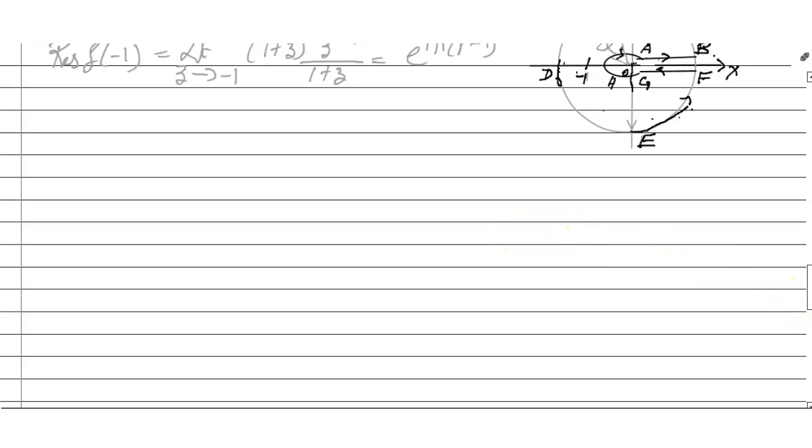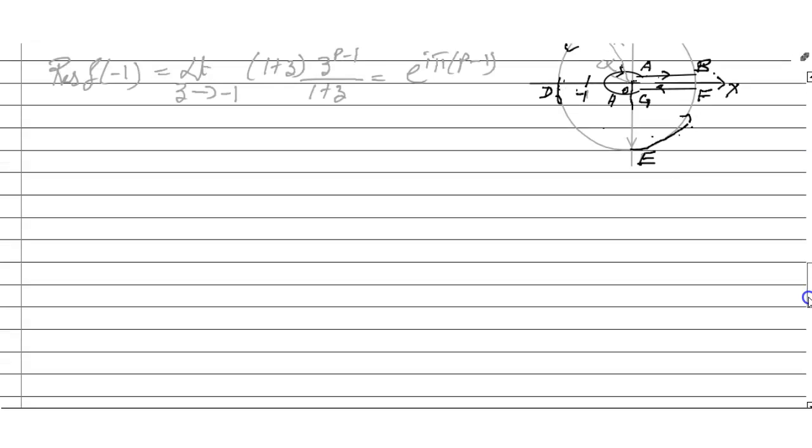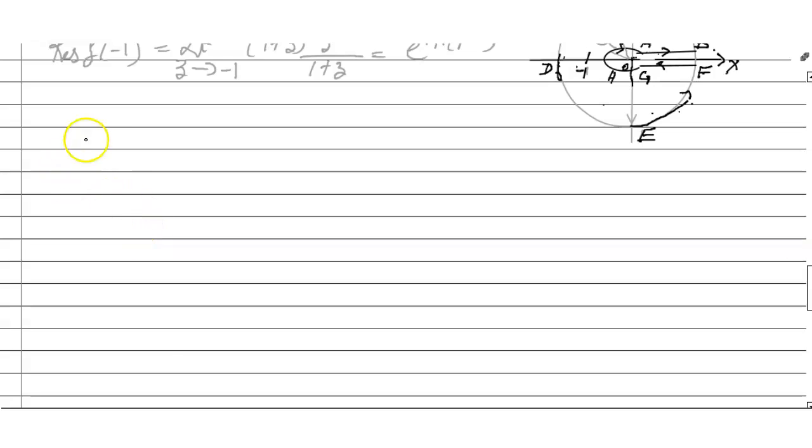I shall go this way. You will see that AB, BC, CD, DE, EF, this way it is moving. So I get the integral over AB plus gamma plus FG plus alpha of f(z) dz.